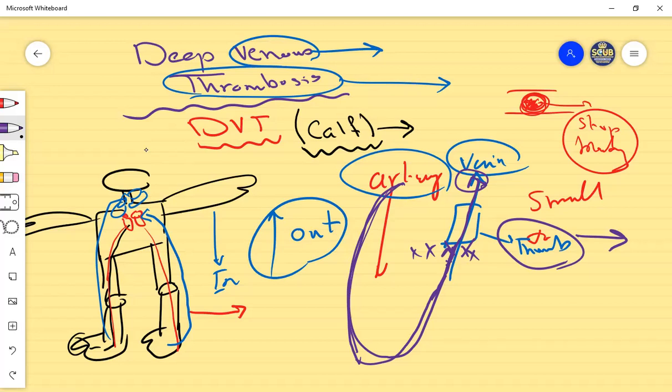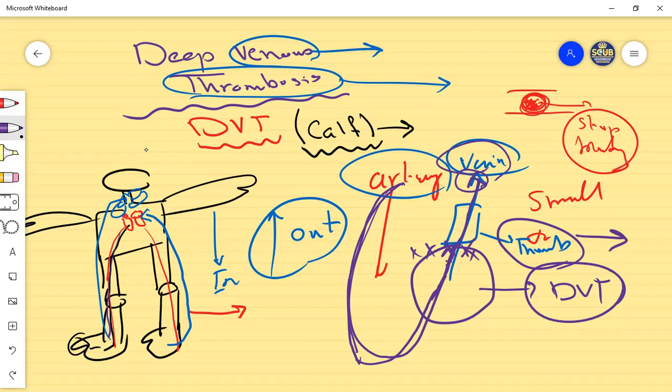It's going to swell. So this is the deep venous thrombosis. Why is there calf swelling? Because the inflow of the arterial blood cannot find its way up through the venous outflow because there is thrombosis blocking the outflow.